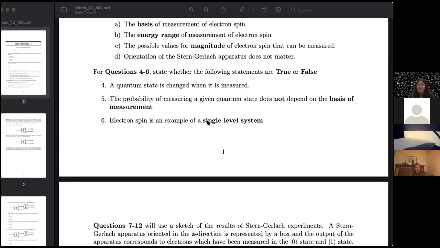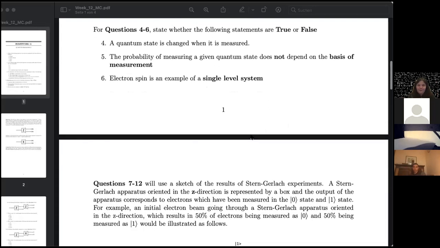For example, charge, plus or minus one, or here our spin, of course, is a 2 level system because it can be minus h bar half or plus h bar half. So this is also false.